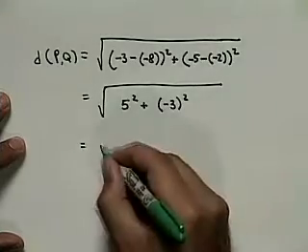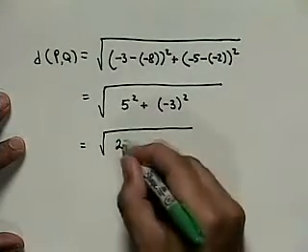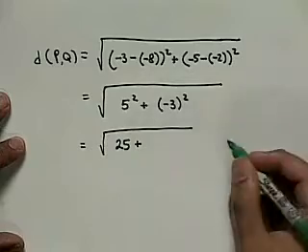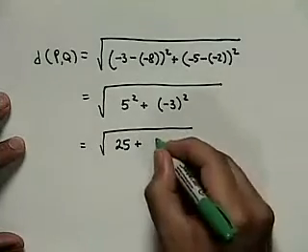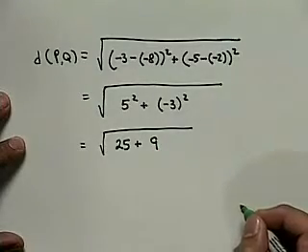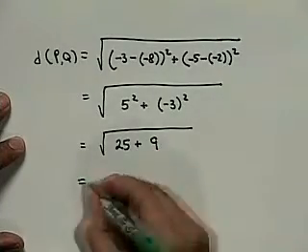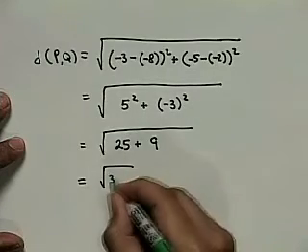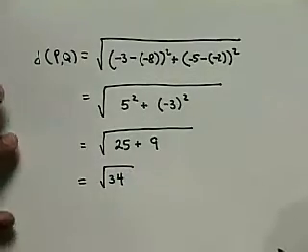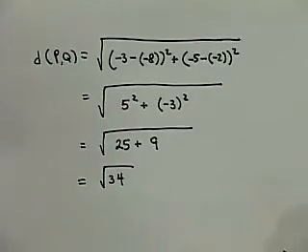Working this out further, we have the square root of 25 plus, and now negative 3 squared is positive 9, so it's the square root of 25 plus 9. Adding the 25 plus the 9, we find that the distance between these 2 points is given by the square root of 34.